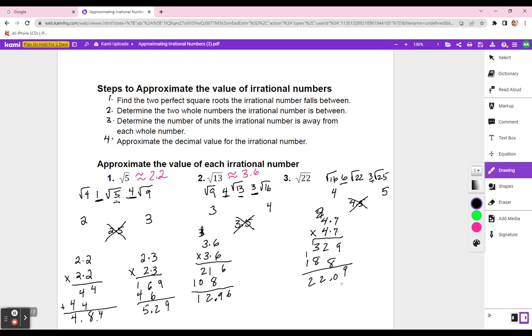Okay, so we end up with 22.09. That's very close to 22. So our answer is approximately 4.7 for the square root of 22.